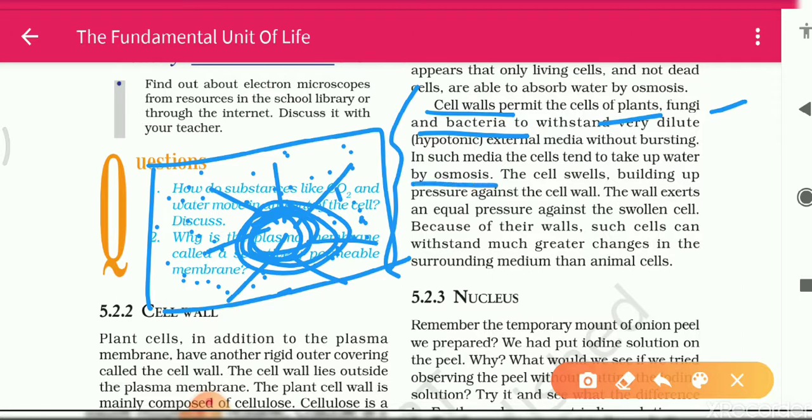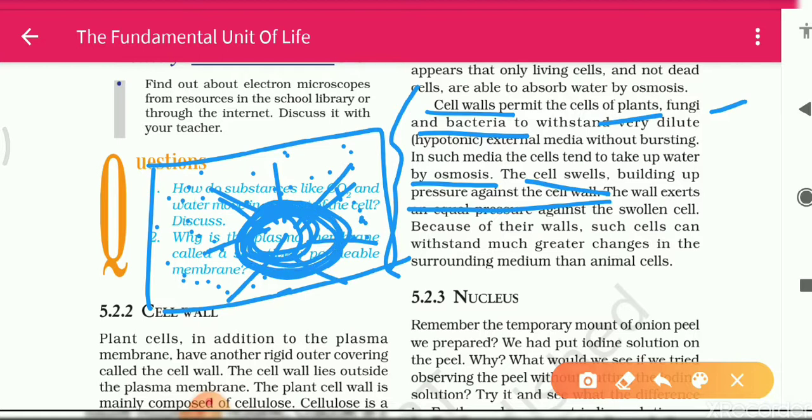With the help of the osmosis process, the cell swells, building up pressure against the cell wall. Now when water goes inside these cells, it creates a pressure on the cell wall. Here the outer covering of this plant cell is the cell wall.